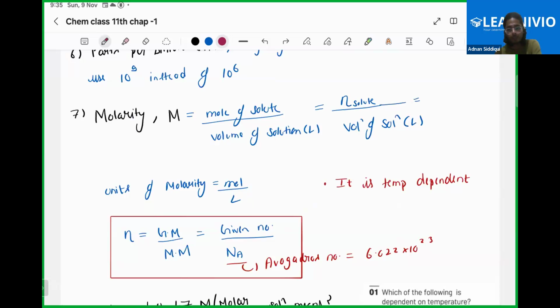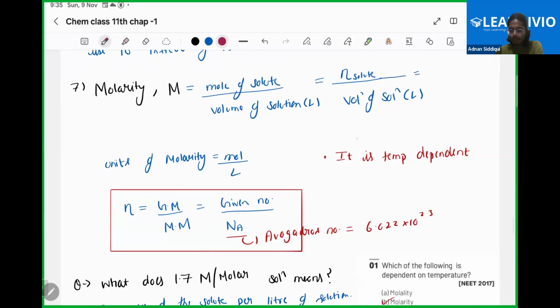You will see the volume, put in the data and get molarity. The unit of molarity is mole per liter, so it will be mol L minus 1. It is temperature dependent. How? Let us talk about it.